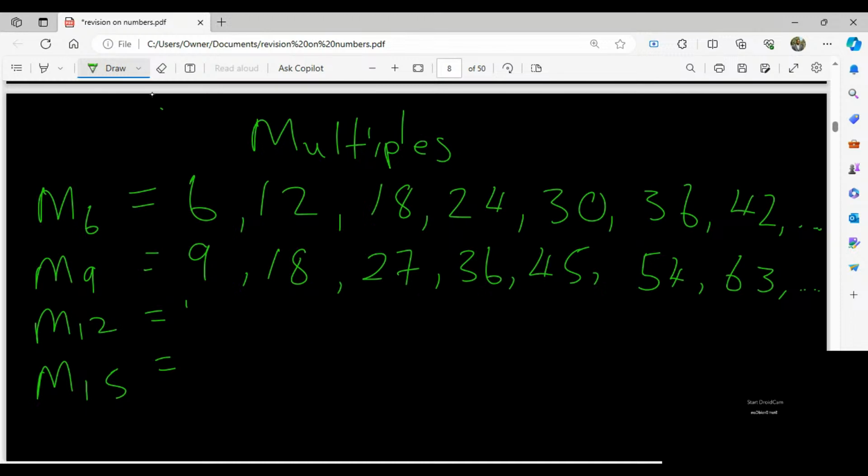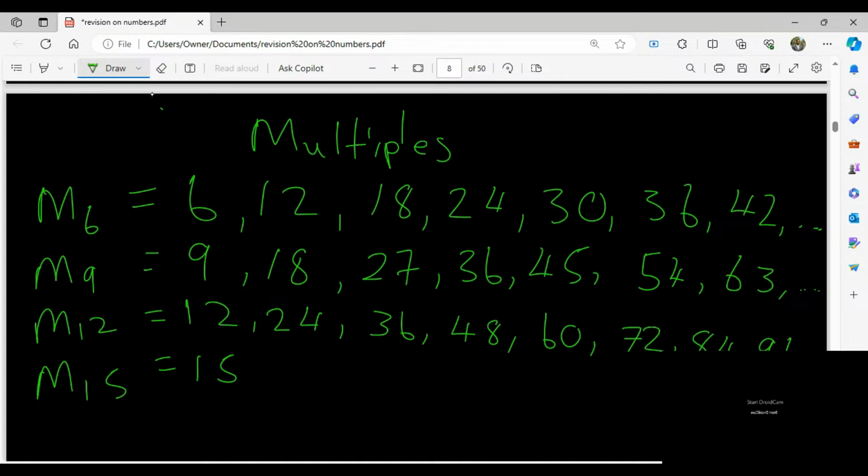Multiples of 12: 12, 24, 36, 48, 60, 72, 84, 96, etc. Multiples of 15 include 15 itself, 30, 45, 60, 75, 90, 105, etc. Right.